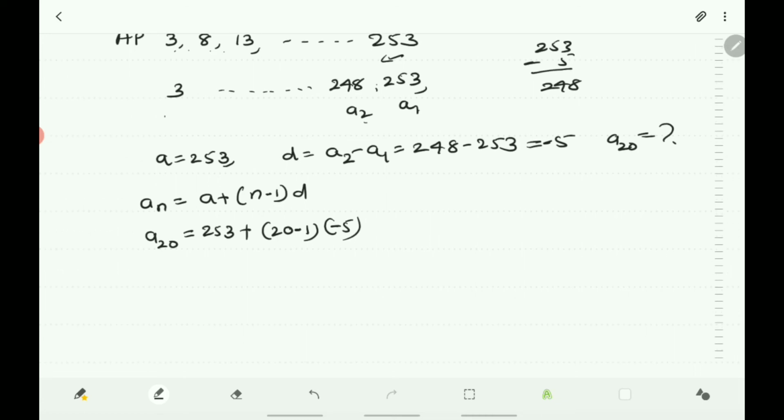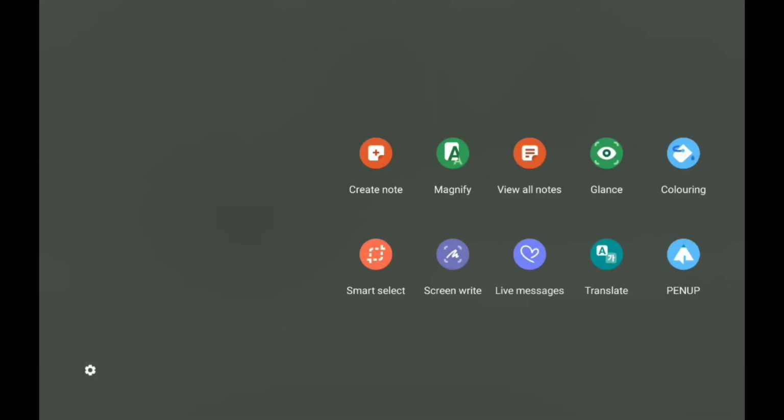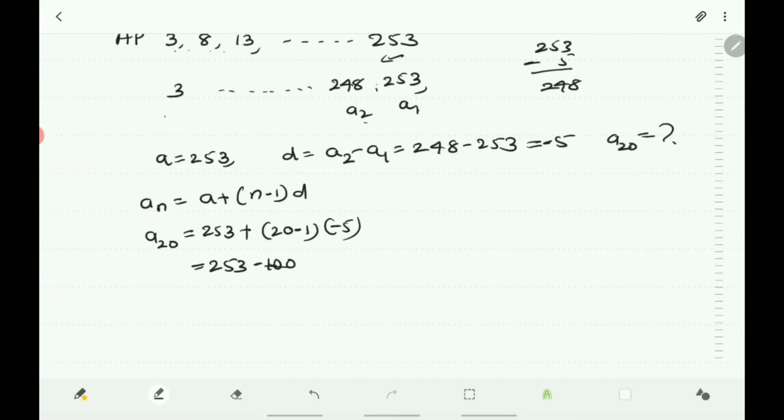It is equal to 253 plus 19 into minus 5. 19 times 5 is 95. Then A20 is equal to 253 minus 95.